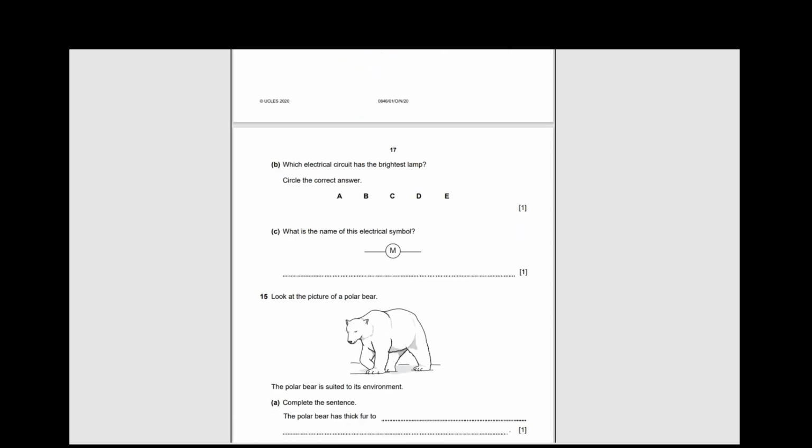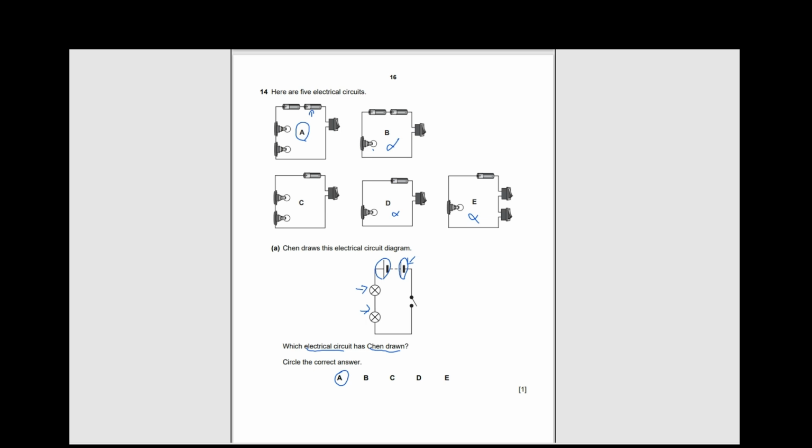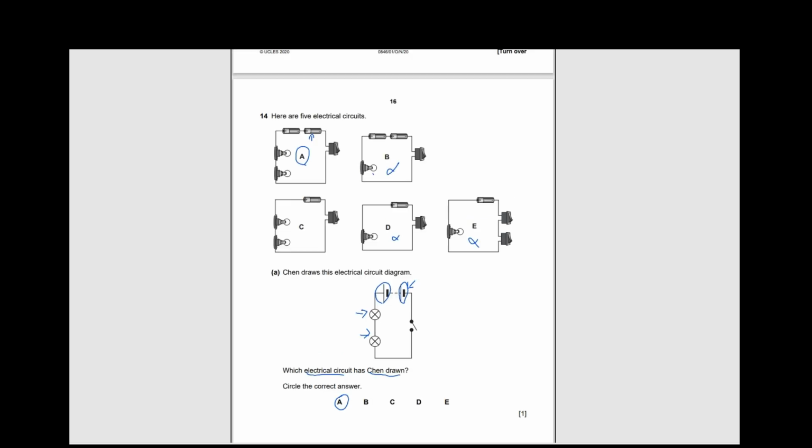B. Which electric circuit has the brightest lamp? As you can see in A, there are two cells with two light bulbs on it.